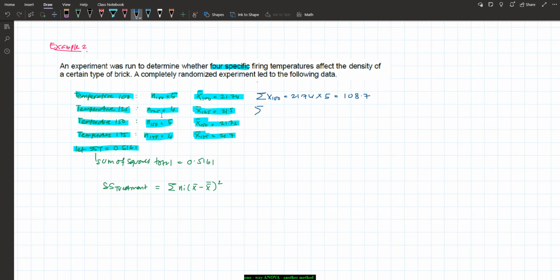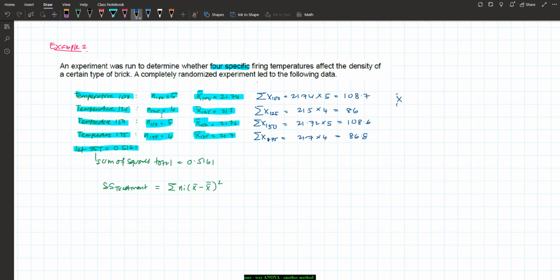This should be equal to 108.7. For the second one, the summation of x 125 is 21.5 multiplied by 4, which is equal to 86. The summation of x 150 is 21.72 multiplied by 5, which is equal to 108.6. And the last one, x 175, is 21.7 multiplied by 4, which is equal to 86.8.